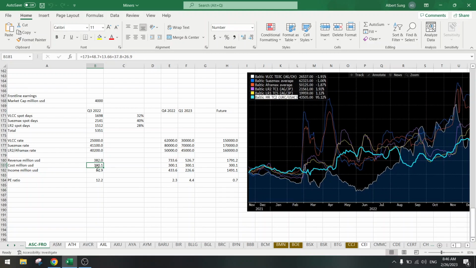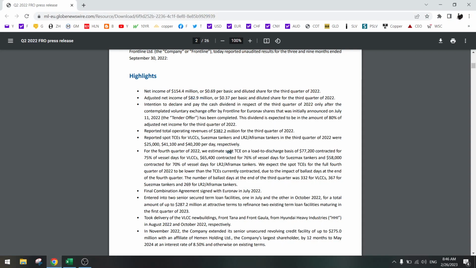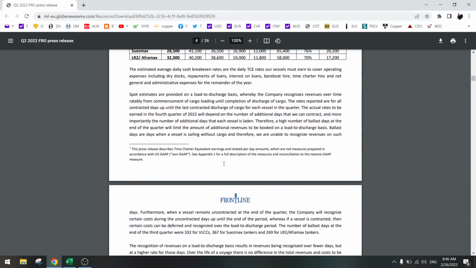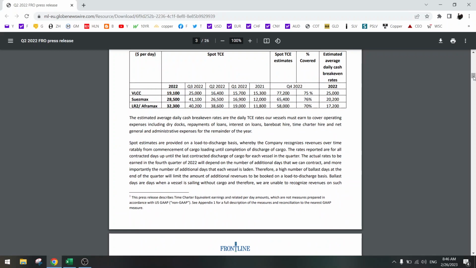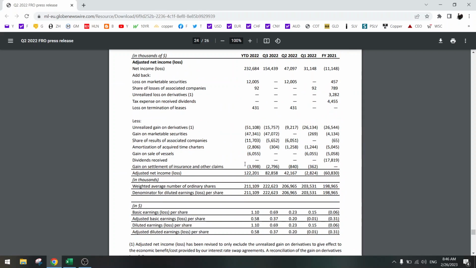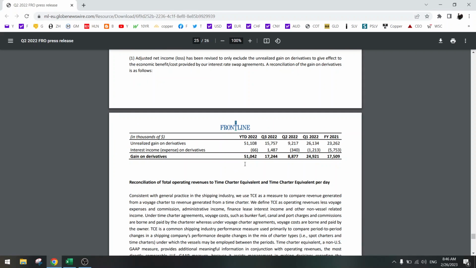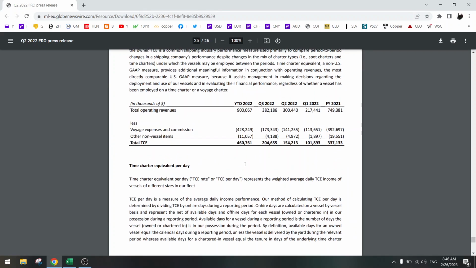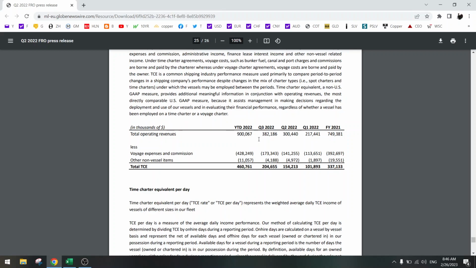But that's not correct, because when you look deeper, then you can see here that as the rates rise, the voyage expenses also rise, right?